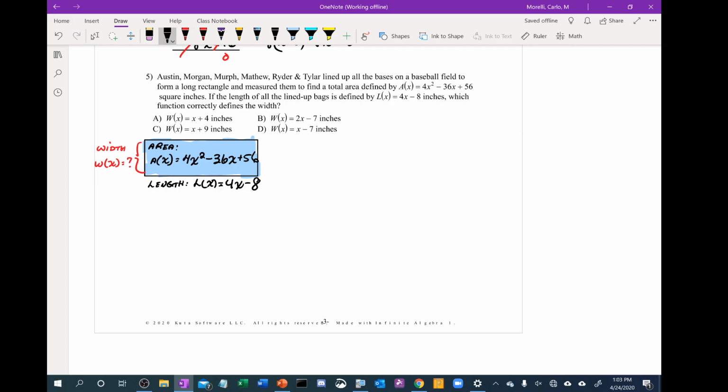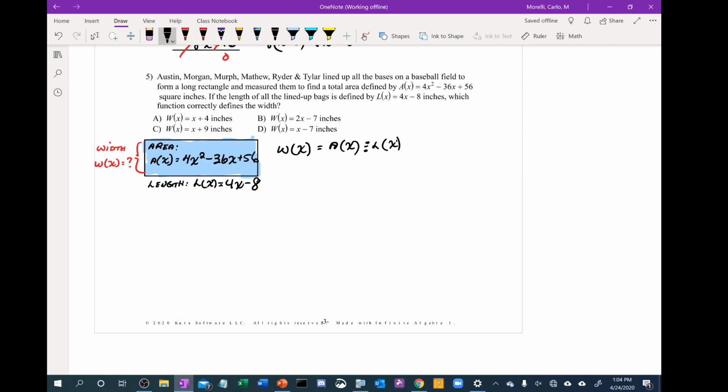So we have to use the area function: w of x, which is width, is equal to A of x, which is area, divided by L of x, which is the length.